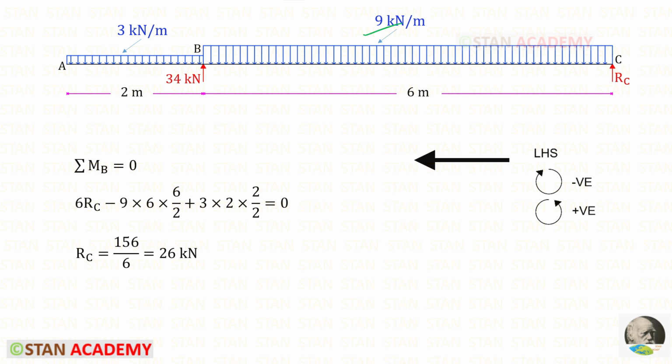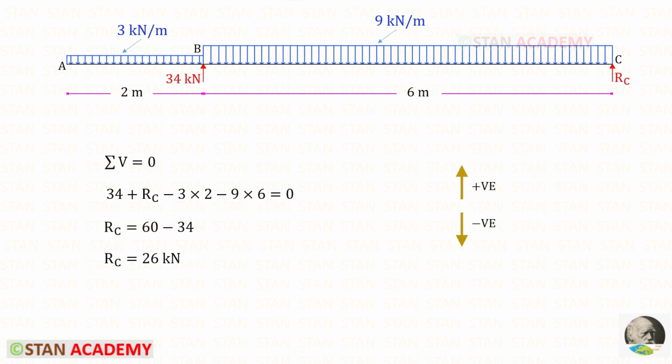The area is 9 into 6, and the centroid distance about B is 6 upon 2. This UDL about B is acting in the anti-clockwise direction, so it will be positive. The area is 3 into 2, and the centroid distance about B is 2 upon 2. For RC, we will get 26 kN.